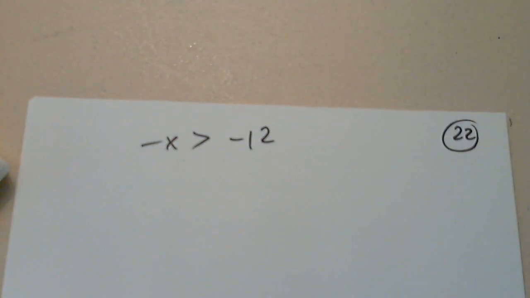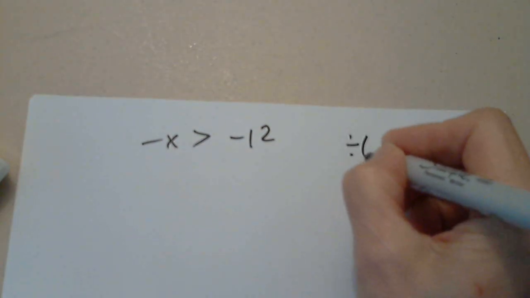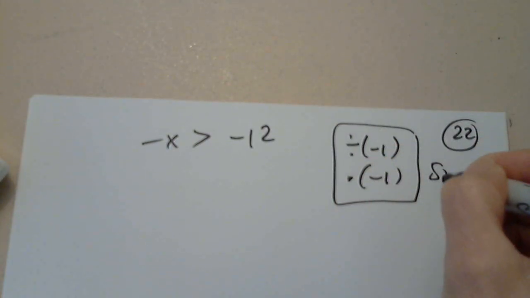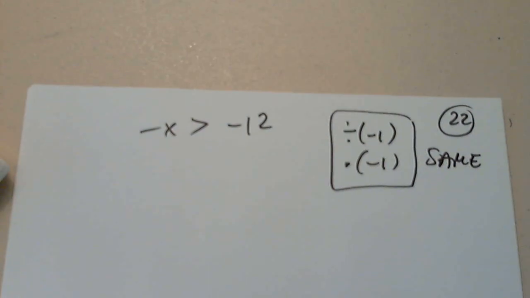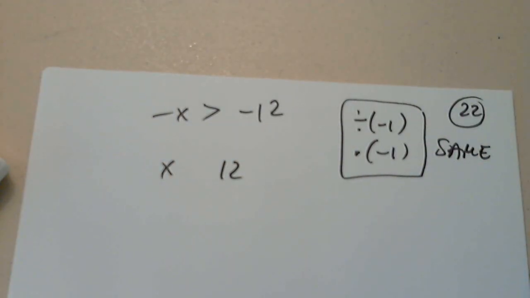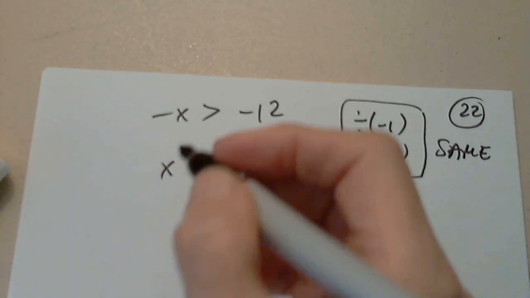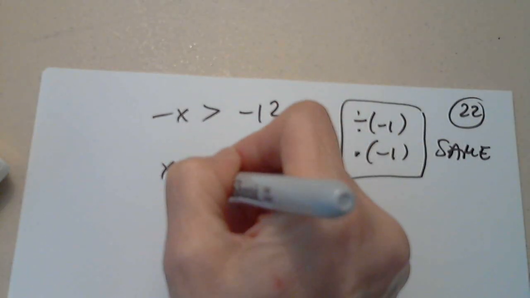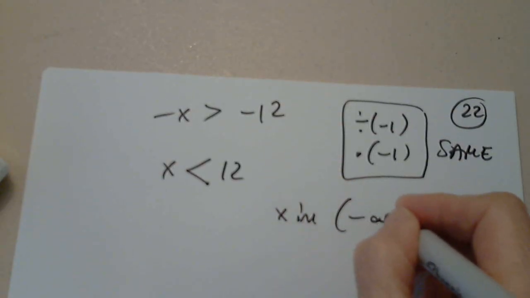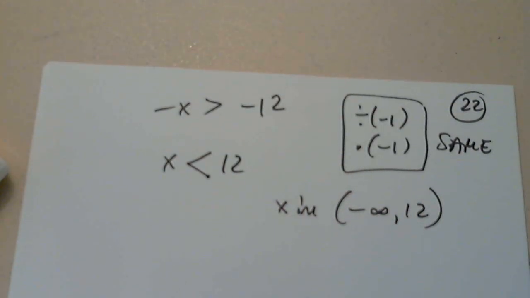Divide both sides by -1. Yes, division by -1 or multiplication by -1 are the same. So I have x and I have 12. What do I need to do next? Flip the sign. Yes, from greater than to less than, which means from negative infinity to 12. X in the interval negative infinity to 12.